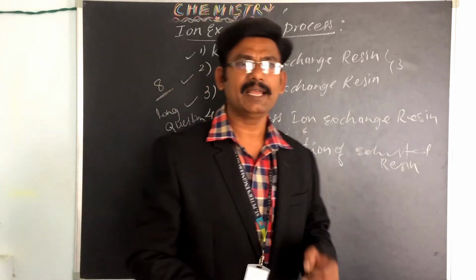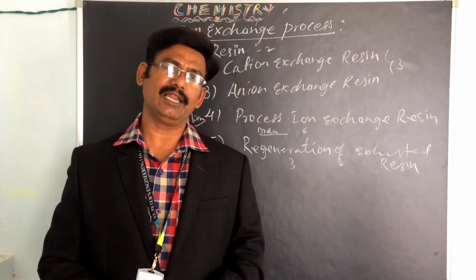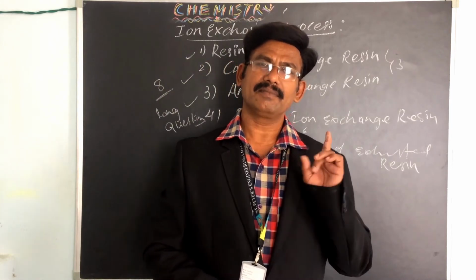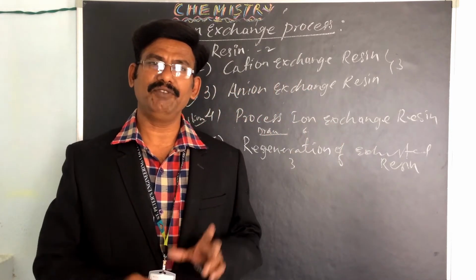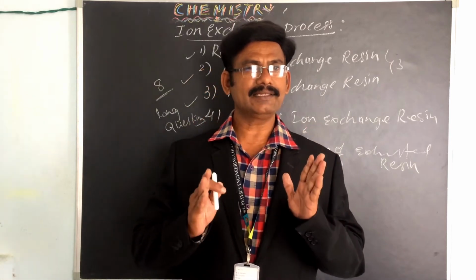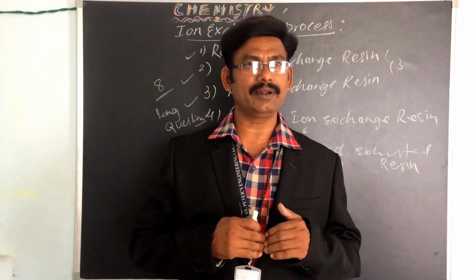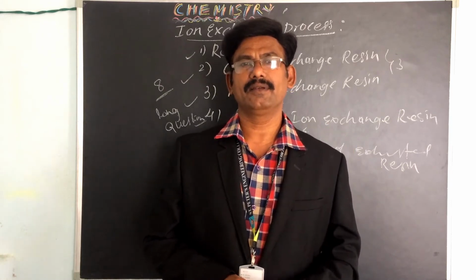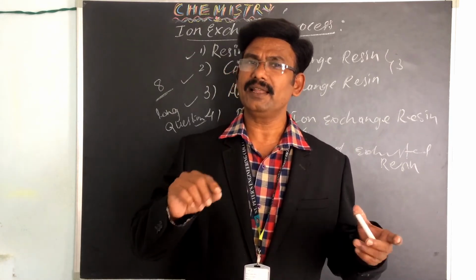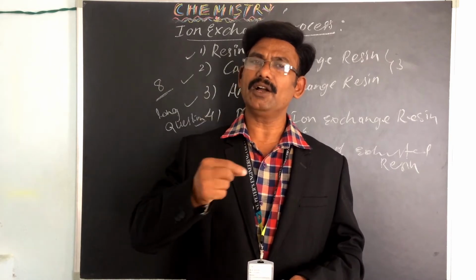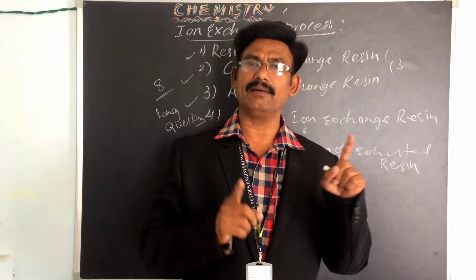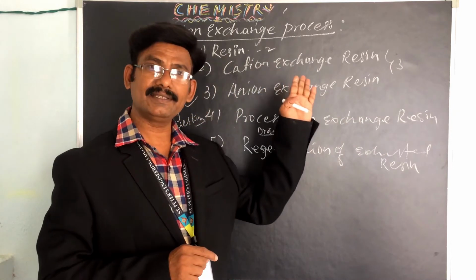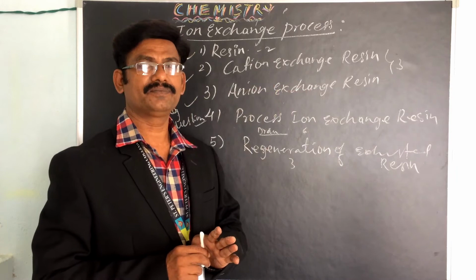It's a very, very important topic for engineering level; 90% it may come in the examination. If you listen carefully, it's a very easy topic, and then we can write without reading also. The process diagram, the cation exchange resin diagram, and the anion exchange diagram are very, very important.